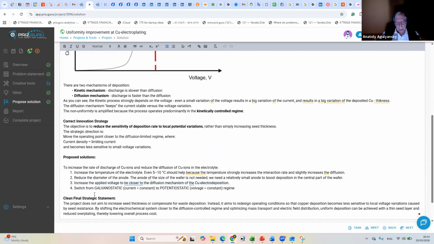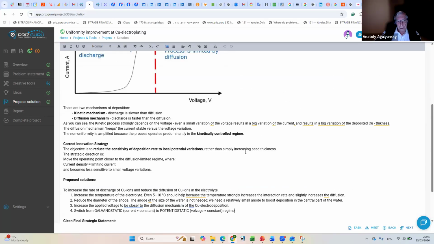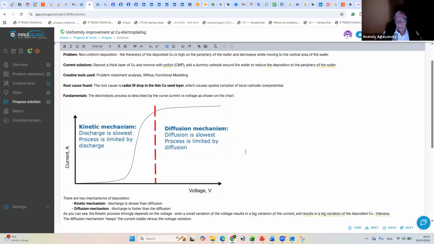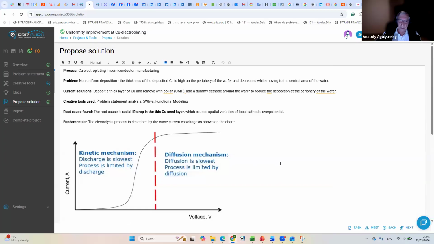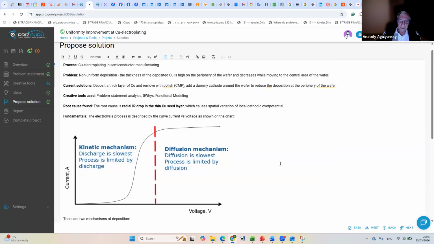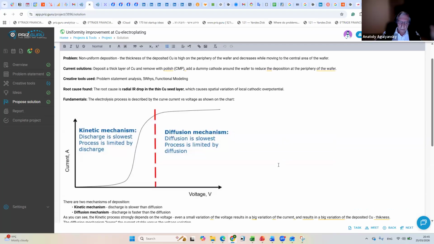But if we switch from galvanostatic to potentiostatic regime, we will solve this problem. So this is what I learned from this situation. And again, this is not an excursion. This is a problem. This is failure by design.